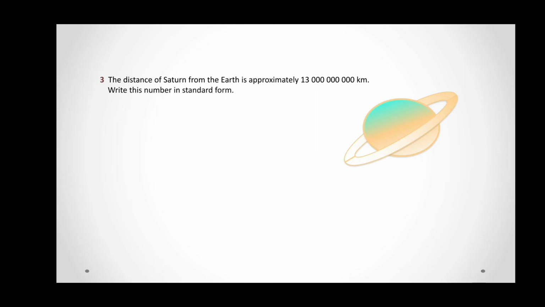The distance of Saturn from Earth is approximately 13 and 9 zeros kilometers. Write this number in standard form. So this distance is a very large number, so we can't identify how big that is.